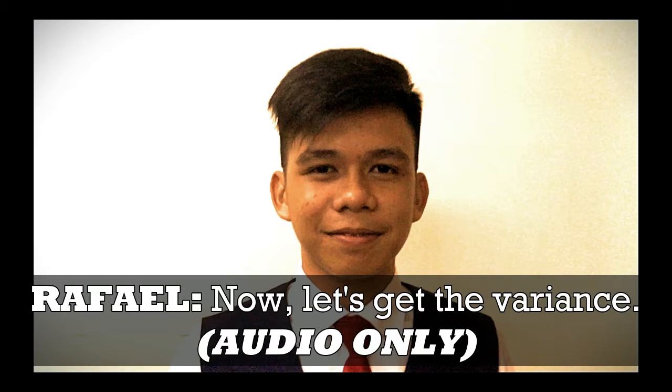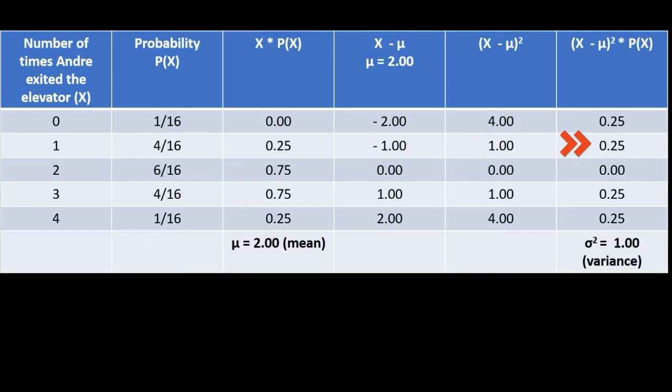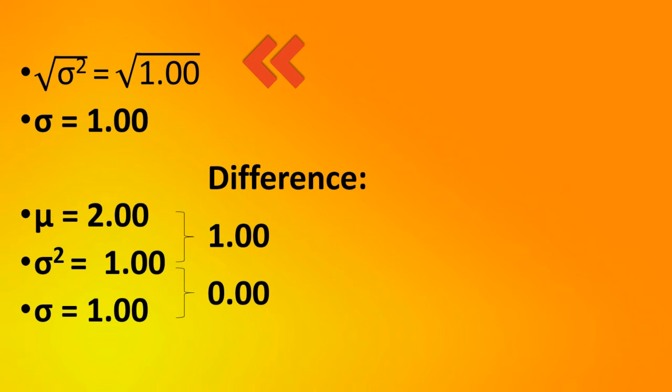Now, let's get the variance. 0.25 plus 0.25 plus 0.00 plus 0.25 plus 0.25 is equal to 1.00. Lastly, let's get the standard deviation. The square root of 1.00 is equal to 1.00.